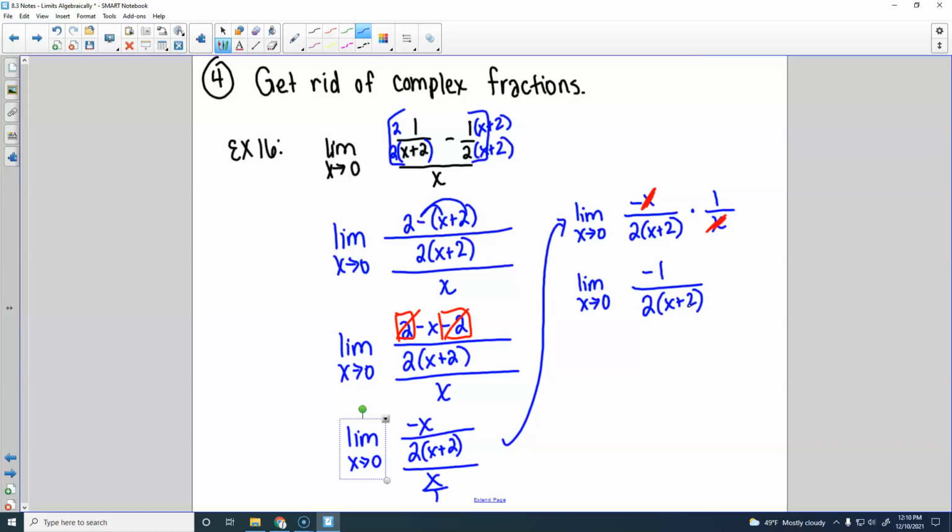Okay, so once something cancels, it usually means you can plug the number in. So let's try it. Negative 1 over 2 times 0 plus 2. So you got negative 1 over 2 times 2. So we get negative 1/4 as our answer.